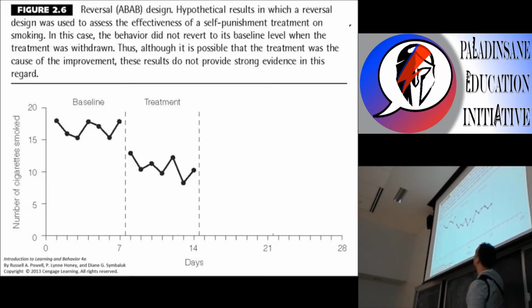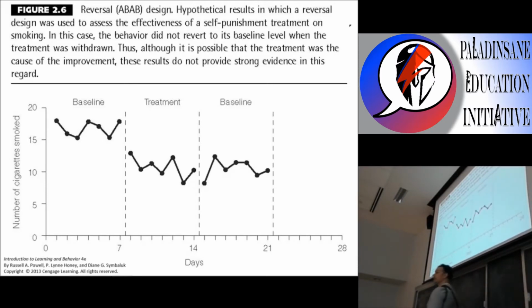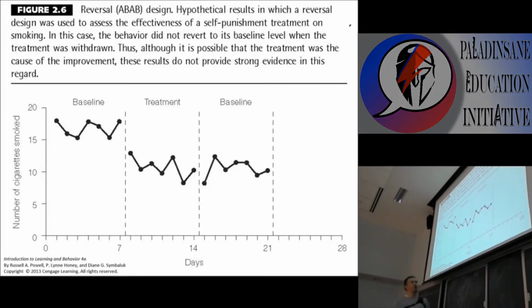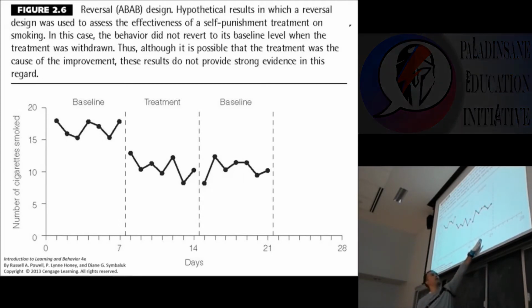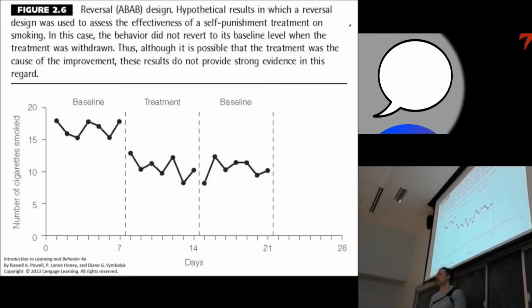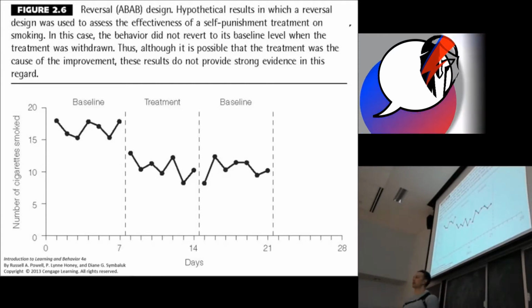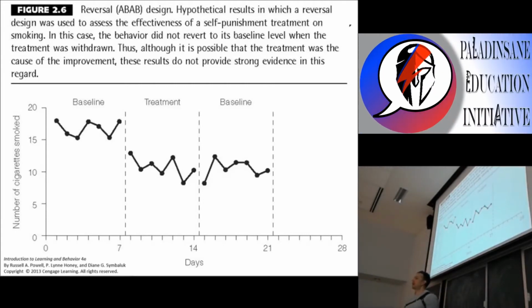And they come back and it turns out that their smoking stayed low. So this, because we did not return back to baseline levels, because the behavior remained changed even after the treatment was removed, because remember, they're not ripping up $5 bills here, this is an indication that it wasn't your treatment that caused the desired change.